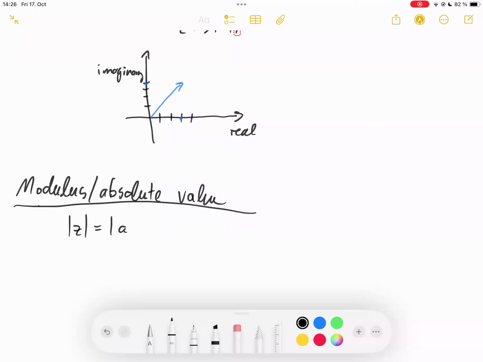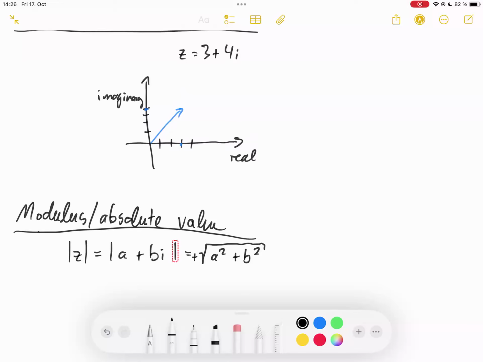So we say this is a plus b times i, and for that we take the square root of a squared plus b squared, and very importantly, the result that we want is the positive one, just to highlight this. Now I want to know from you, we have our z up here. What would be the modulus of z where z is 3 plus 4i? You can think about this and share it with us in the chat.